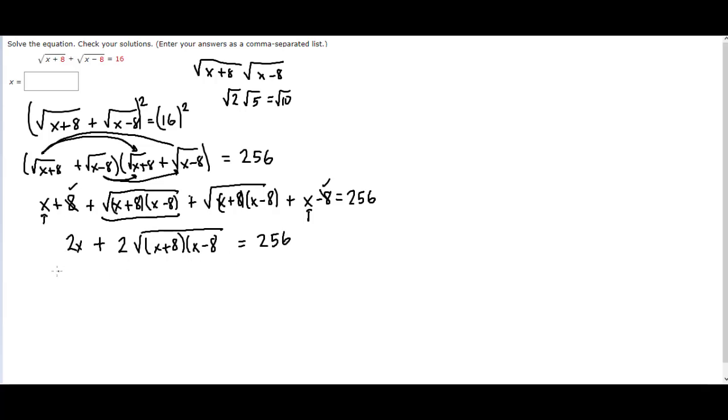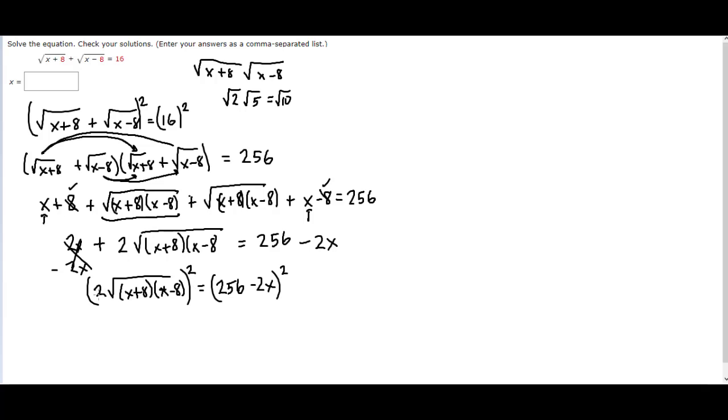So now we can subtract 2x, and now we can isolate the radical. I'm just going to write minus 2x over there. So I have 2 square root of x plus 8, x minus 8, equals 256 minus 2x. And so now I am going to square both sides. Now be careful here.